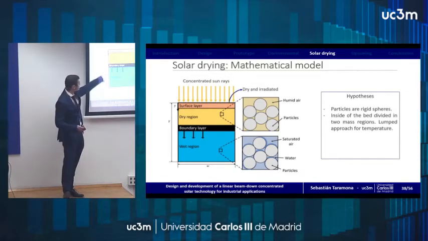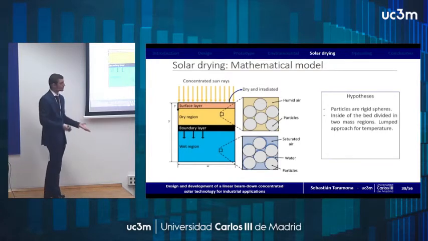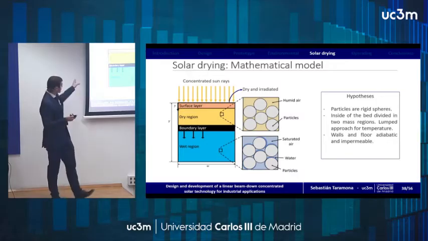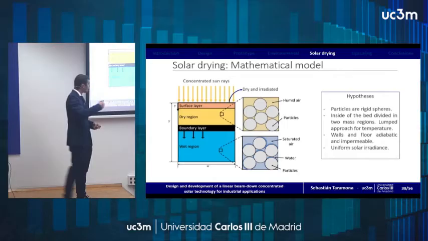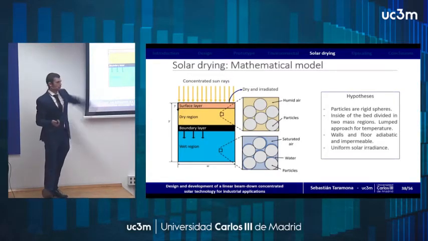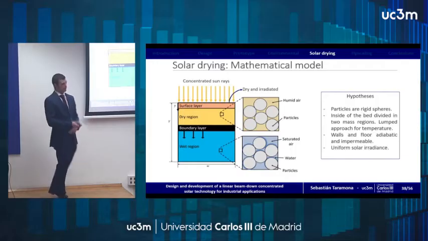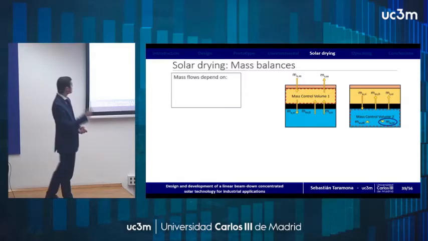Additionally, we have a boundary layer that divides both dry and wet regions, and this layer is going to be moving towards the depth of the bed as the fixed bed starts drying down. We'll also be considering that the walls and the floor are adiabatic and impermeable, and that the solar irradiance is uniformly distributed on the surface of the bed, which is an important simplification for this process.